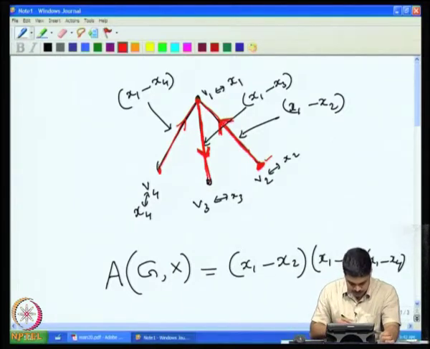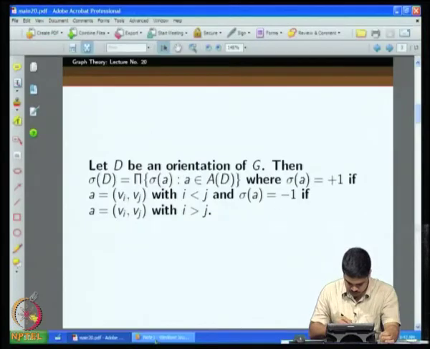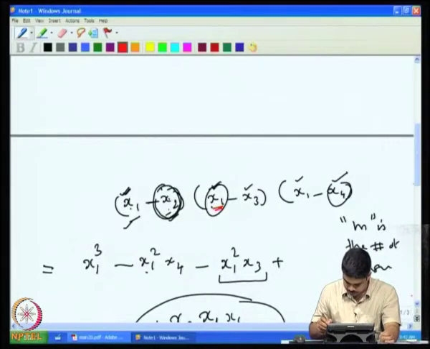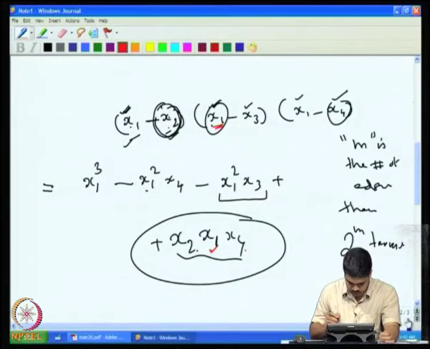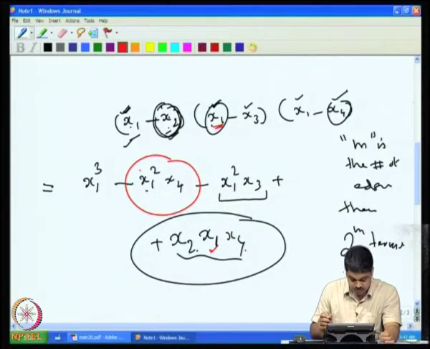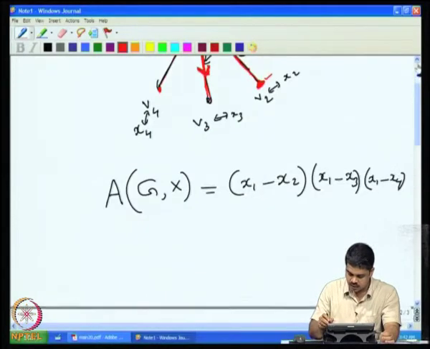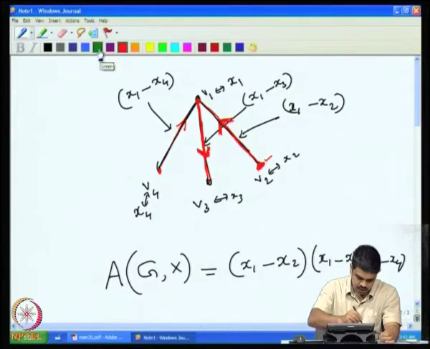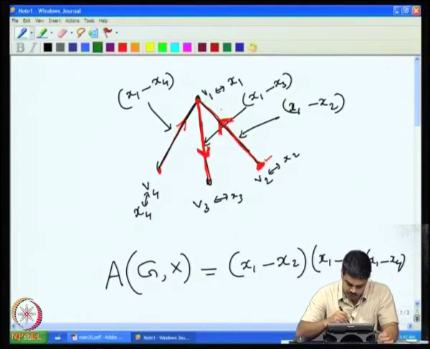On the other hand, if I had picked up another term, say for instance x1 square x4, then that means here x1 is picked up, x1 is picked up, x4 is picked up in the third one. So, I can mark it with green. Here x1 square x4, the first is x1 picked up, that means the direction is in the opposite way here, and then here it is picked up this way, here it is picked up this way.